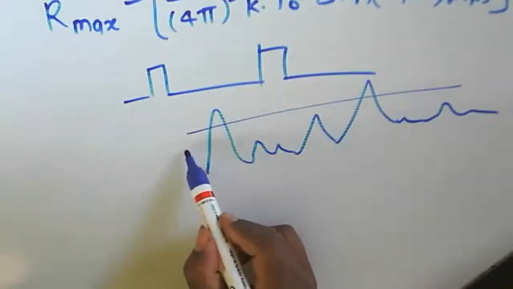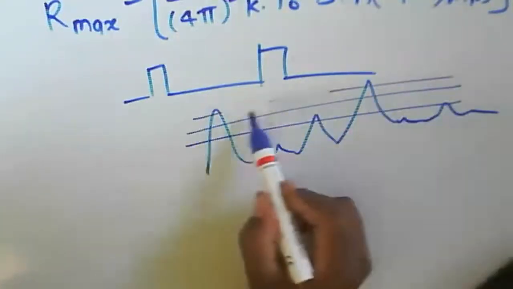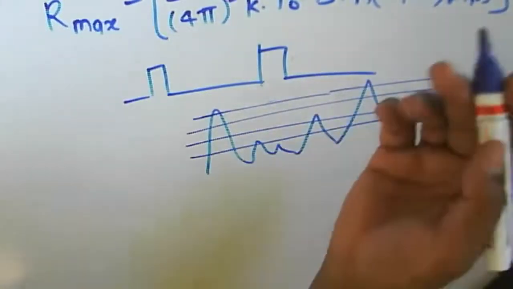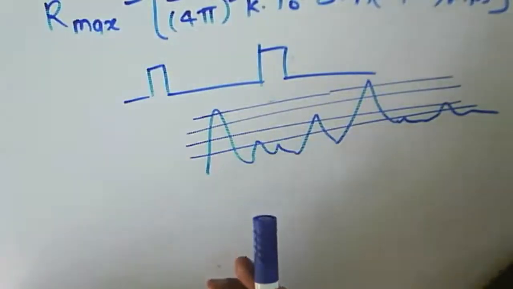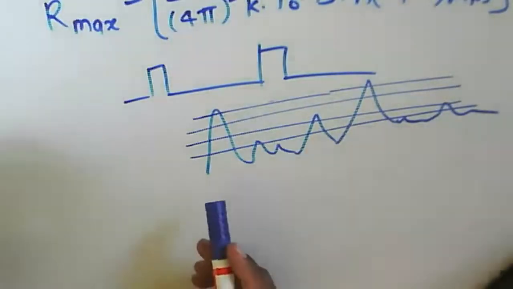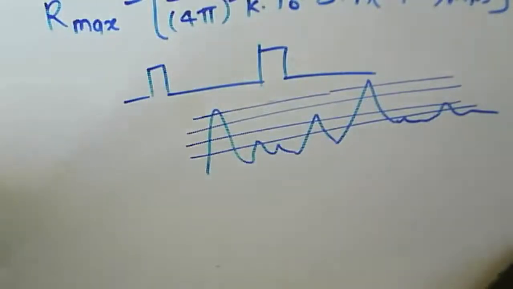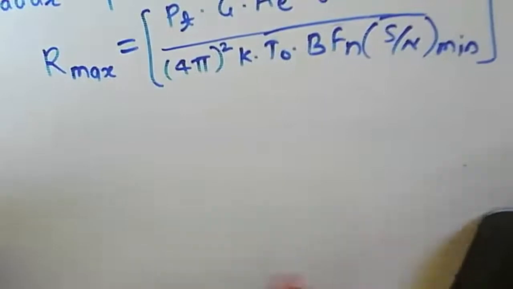If we decrease the threshold, noise comes in here; if we increase the threshold, we get only a little. Even if we decrease it, another noise will come into the picture. So we are supposed to find the probability of false detection of the pulses, or false detection of the alarm.